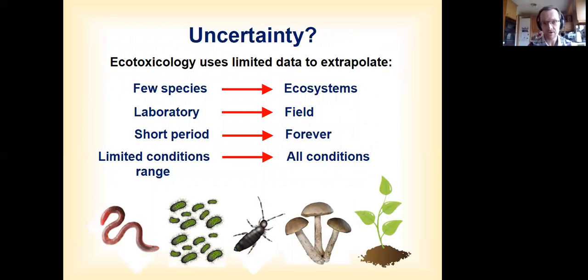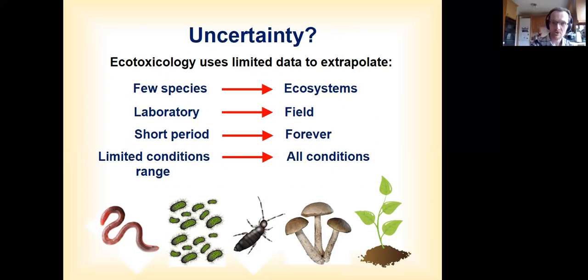So what is this uncertainty I'm talking about? Well, think about what we're doing with ecotoxicology. We're trying to find values that cause no significant harm to the whole ecosystem. But we're starting off with data for just a few species, and we've got to extrapolate that out to protect whole ecosystems. Similarly, we might have data from laboratory tests, but we want to protect the situation in the field.